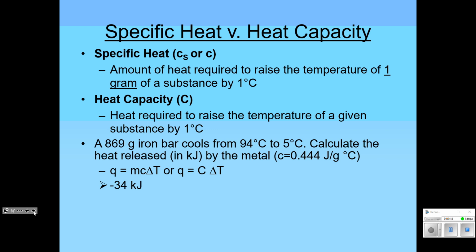Remember we talked about things like put your hand on your desk top versus your desk leg. The desk leg feels colder than the desk top. And if you don't believe me, you can even feel that for yourself. However, they're at the exact same temperature because they're in the same room. And anything that sits in this room long enough will be the same temperature.